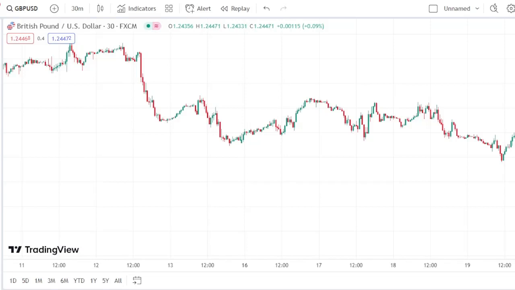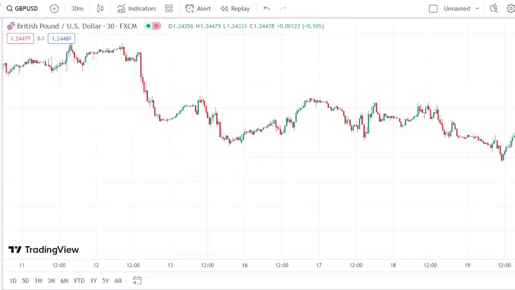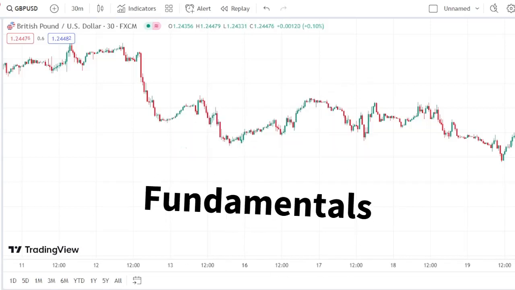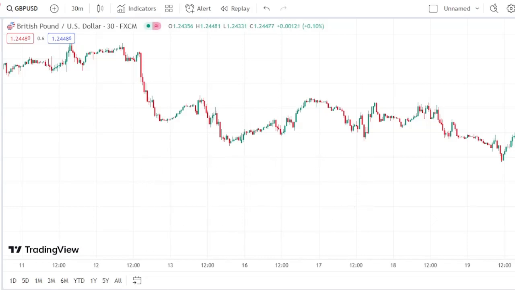So, the British pound and the US dollar is the chart that we are looking at today, and we are going to be showing you how it is affected by fundamentals. And that's not the only currency pair or financial instrument that is affected by the major news releases.